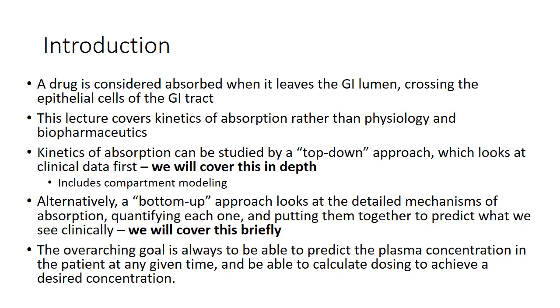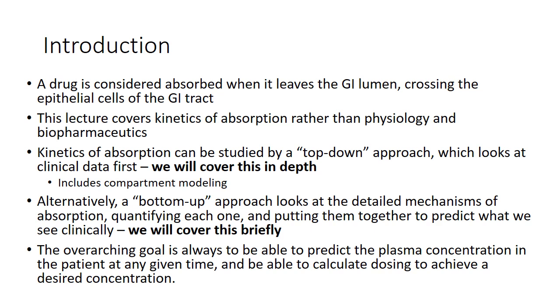But regardless, the main goal or overarching goal is always to be able to predict the plasma concentration in the patient at any given time and be able to calculate dosing to achieve the desired concentration. Okay, so any model that we have, just remember the main purpose is so we can make extrapolations or predictions, even for data that we did not generate, or for time points that we did not assess.